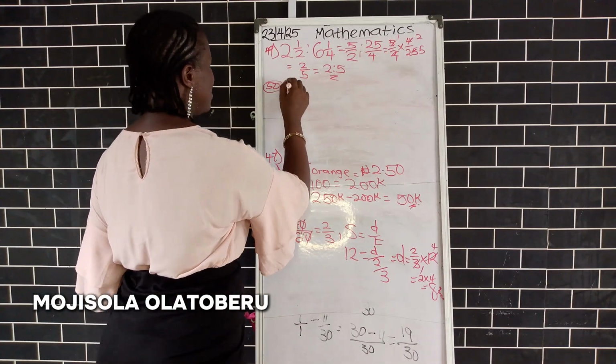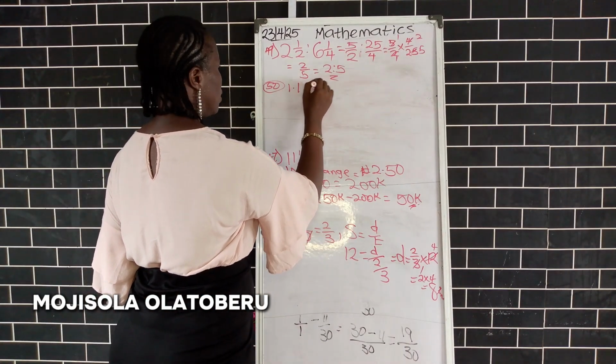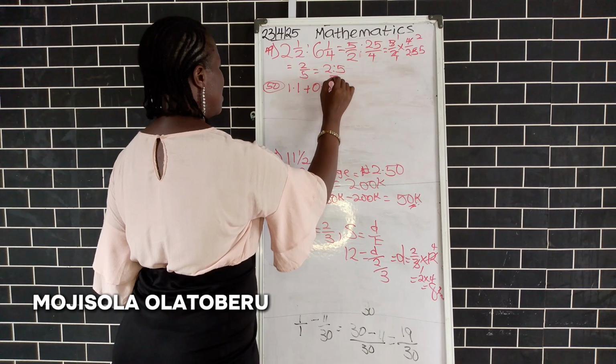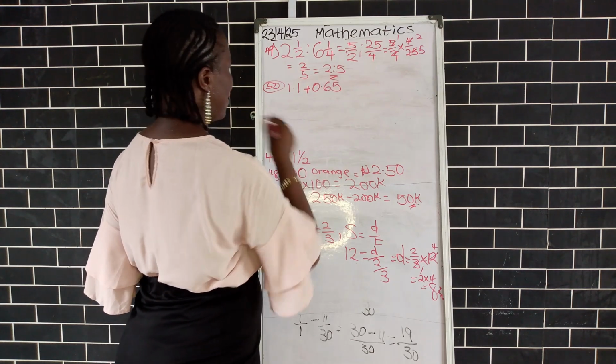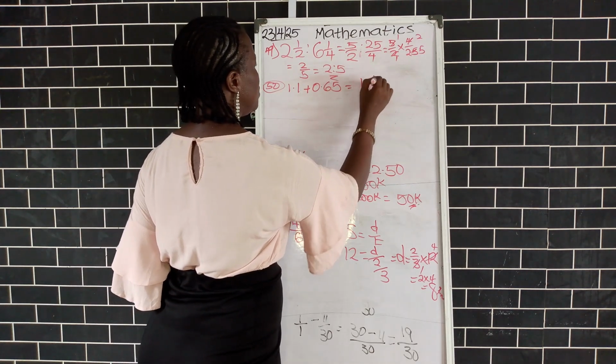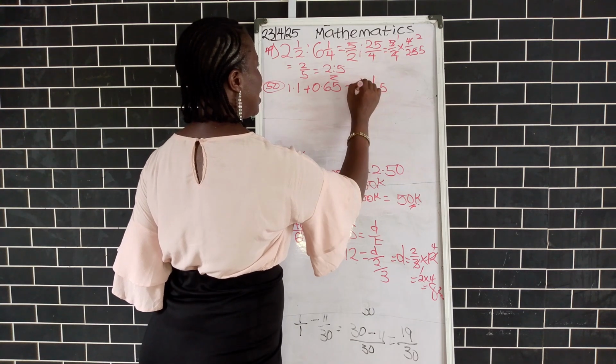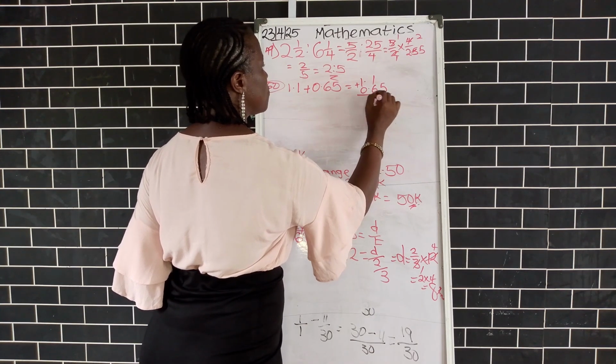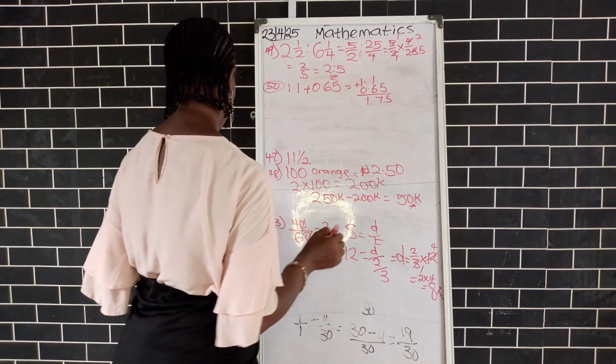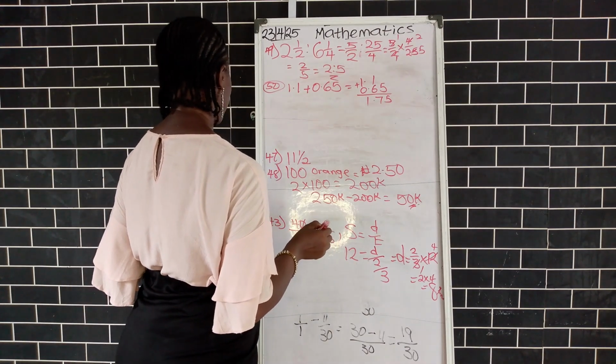The first one we are giving is 1.1 plus 0.65. So let's place our numbers well. 1.1, 0.65. You are adding this. So this gives you 1.75. Is that our final answer?